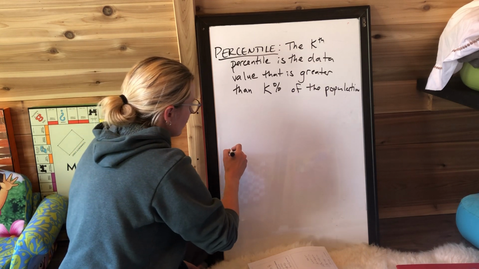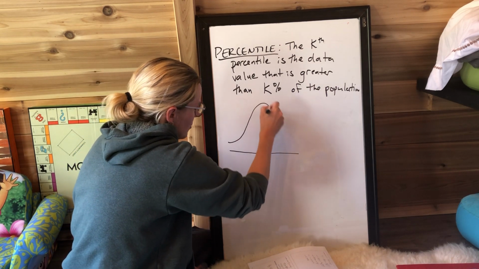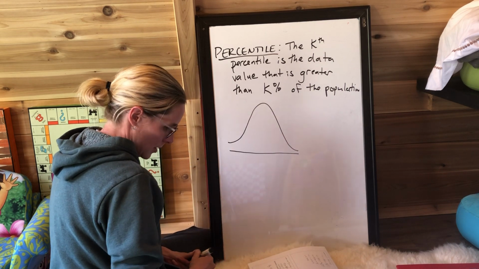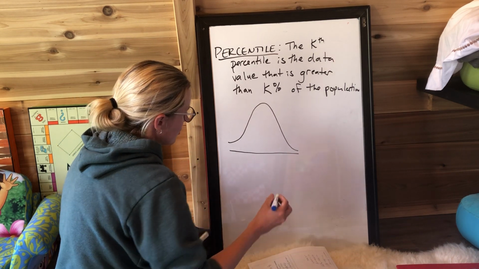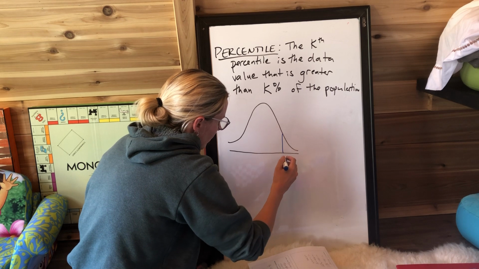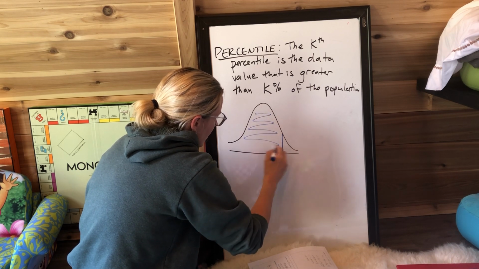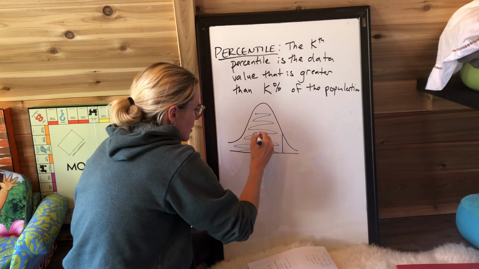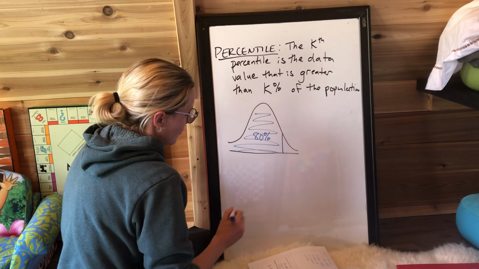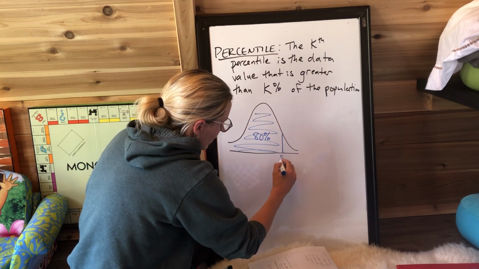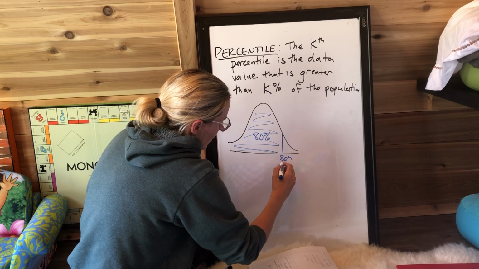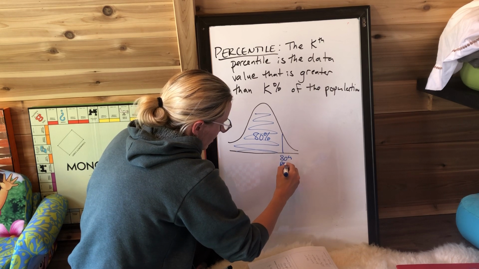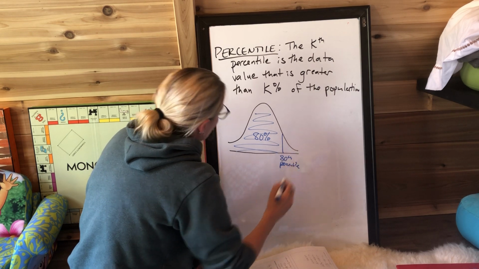the population. So imagine you have a spot here and you're looking underneath. I'm going to use 80 because I've been using it a lot. If 80% of the data falls in this area, then this point here is considered the 80th percentile.